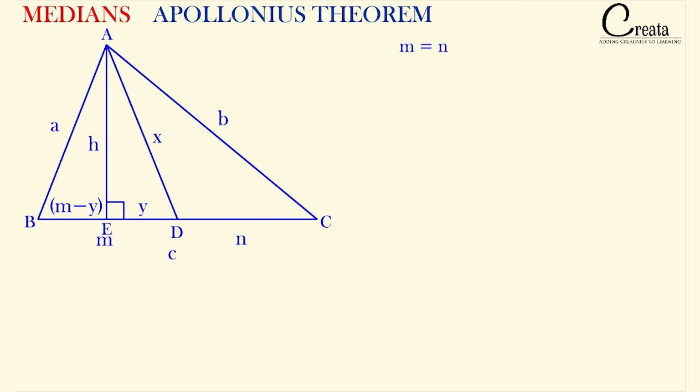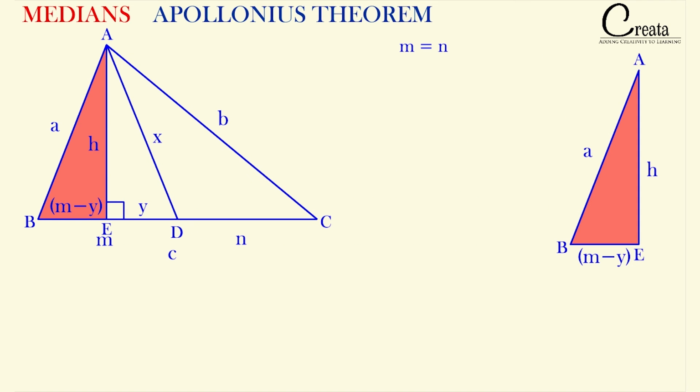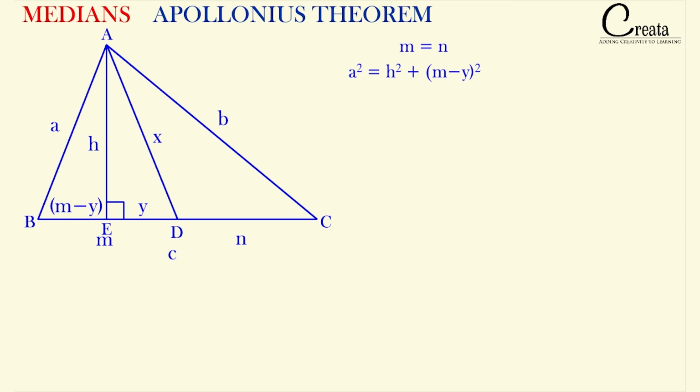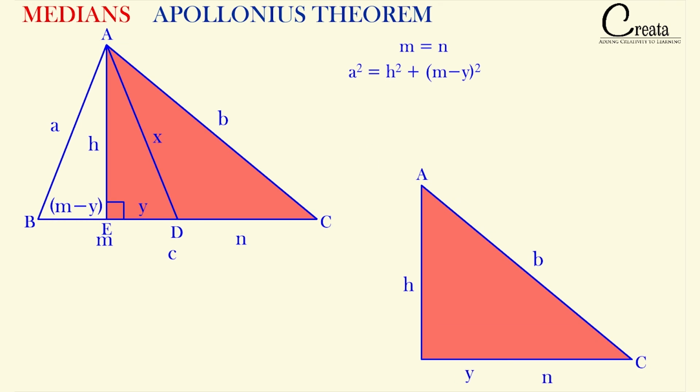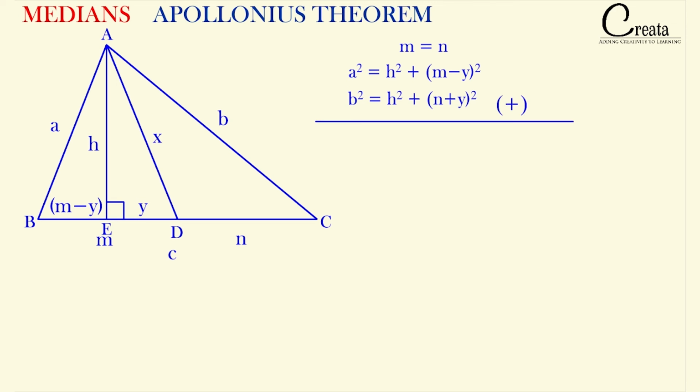Further, if we take the triangle ABE and apply the Pythagoras theorem, then we will get A squared is equal to H squared plus (M minus Y) whole squared. Simple Pythagoras we have applied. Further, if we take the triangle AEC, we get B squared is equal to H squared plus (N plus Y) whole squared. We have got two equations. Let's add both the equations.